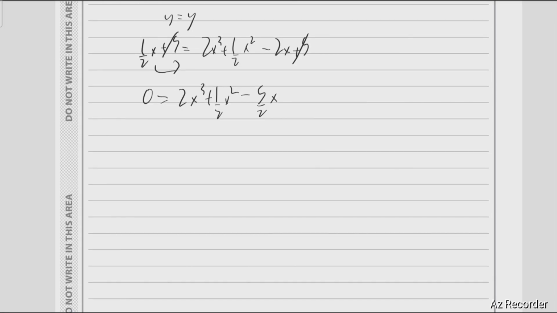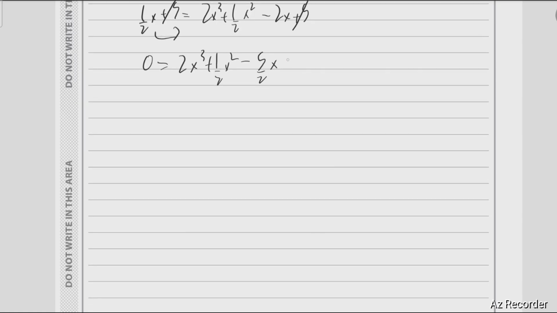We can take x as a common factor: 0 equals x times (2x squared plus half x minus 5 over 2).